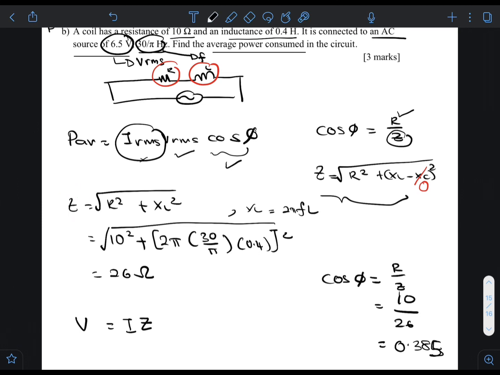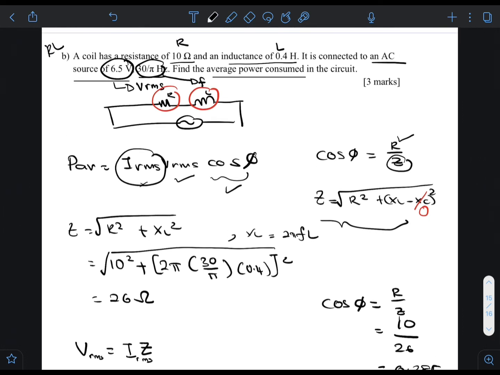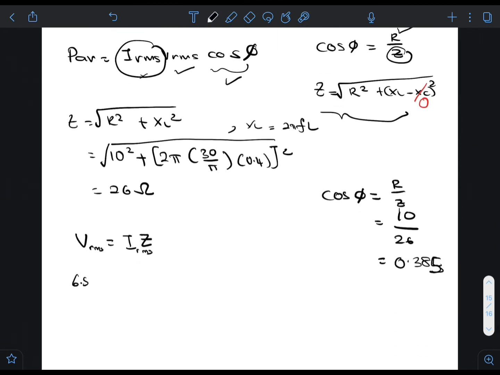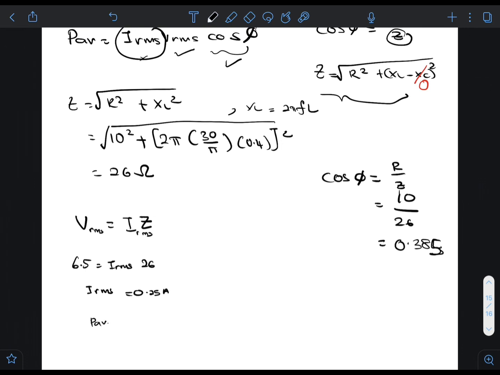Therefore, the equation becomes V is equals to IZ. Disebabkan kita nak cari I RMS, dia akan jadi V RMS here. V RMS is given in the question, which is 6.5 here. So 6.5 samakan dengan I RMS, and then Z kita dekat sini adalah 26. So boleh dapat I RMS sebanyak 0.25 ampere. So dah dapat I RMS.